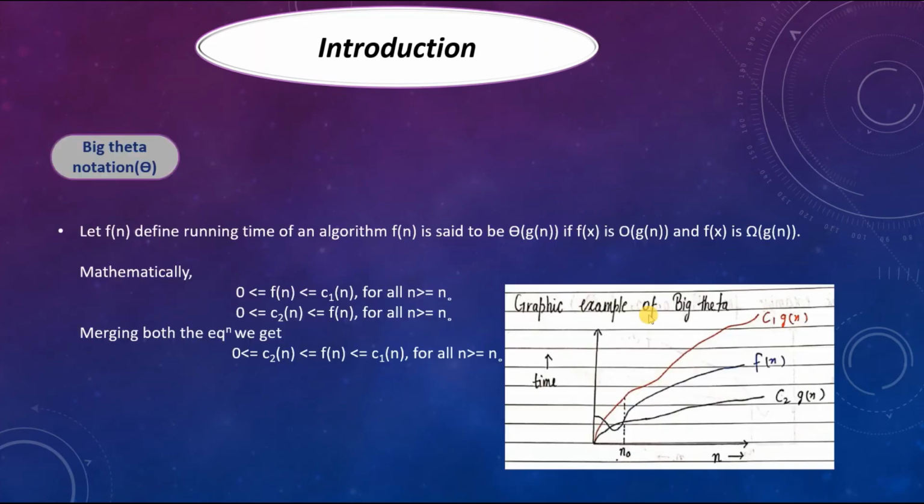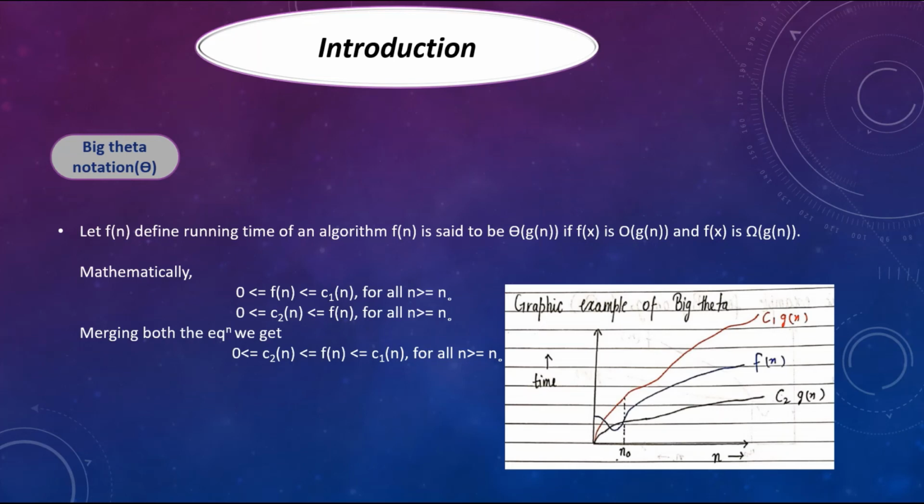Similarly, the big theta notation is used to define the average time. Let f of n be defined as the running time of the algorithm. So f of n is said to be theta of g of n if f of n is big O of g of n and f of n is omega of g of n.